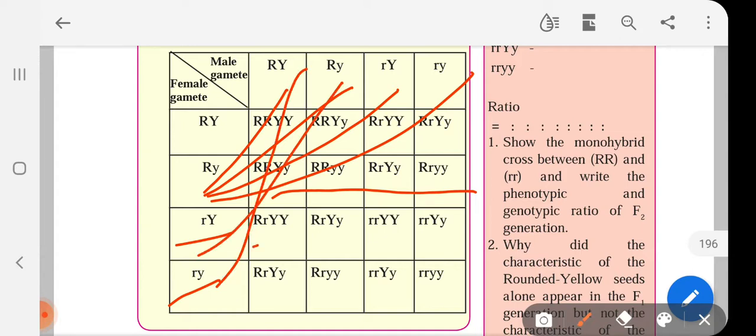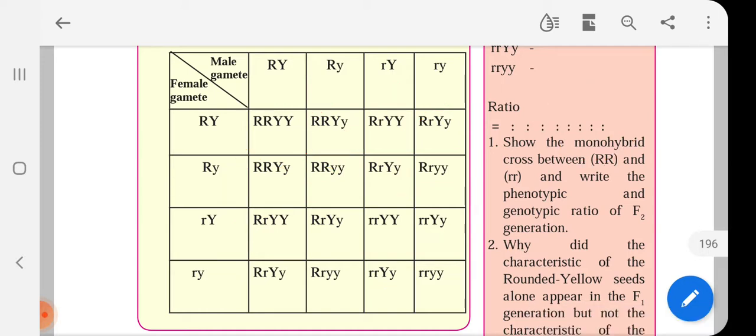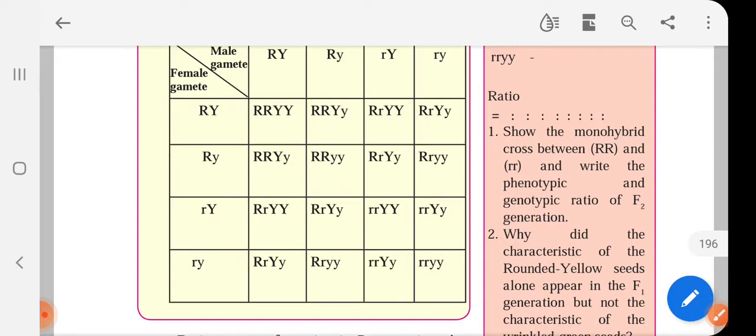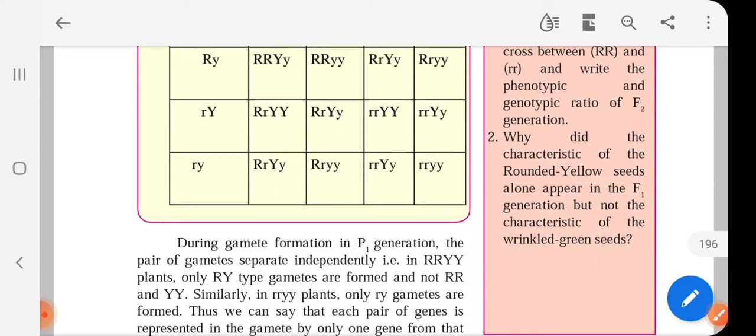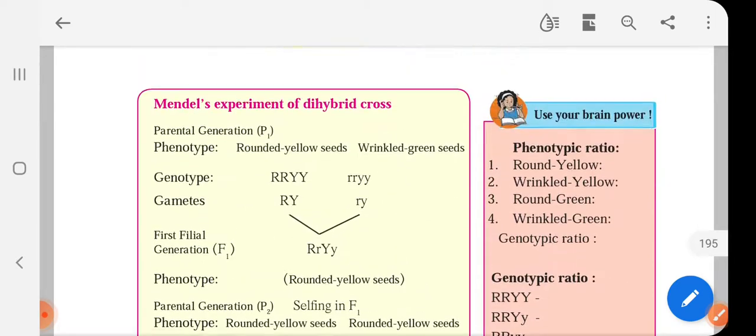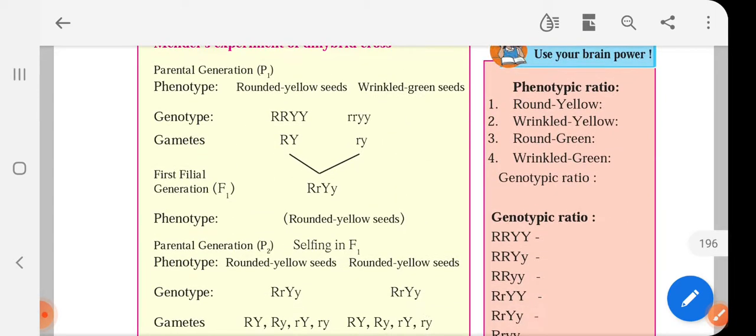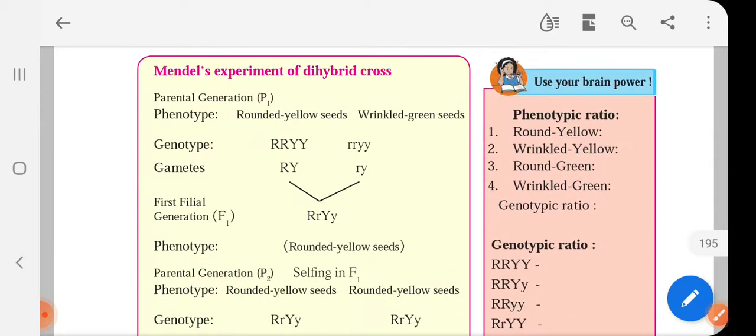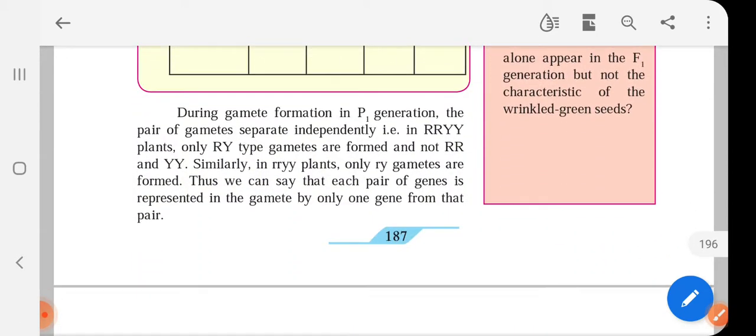So in total we'll get such 16 combinations. How many? 16. Remember this. You can see carefully how these are giving us different combinations of genotype. Here this part has been reduced from the syllabus, so there is no need to do it. Now let us understand in this paragraph what they want to say.